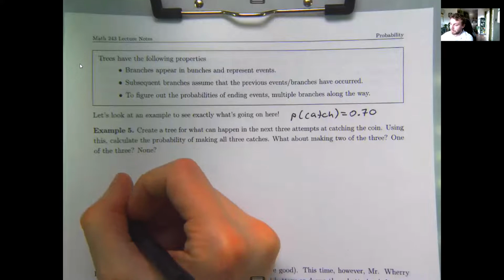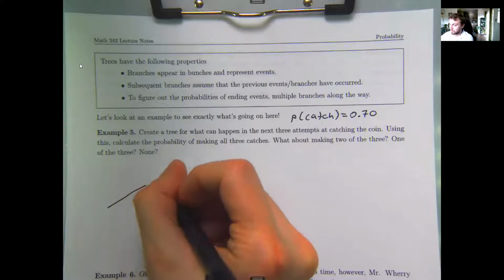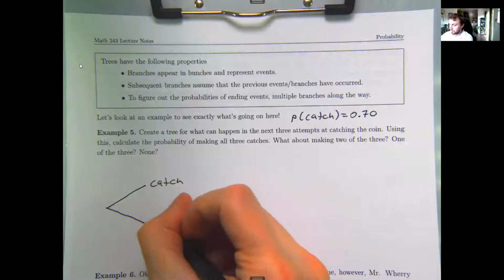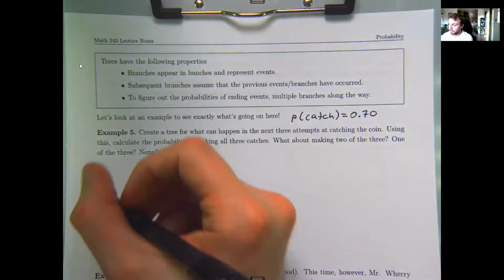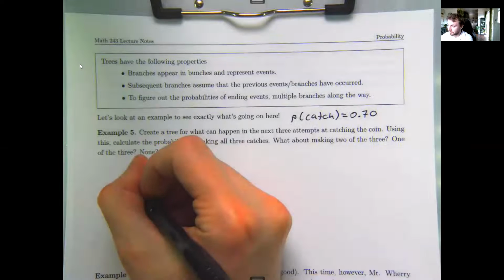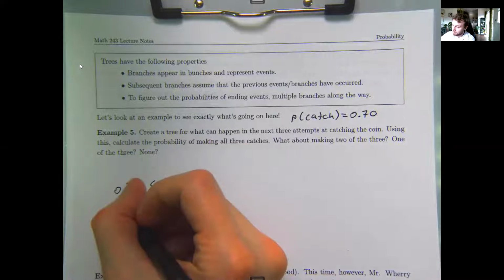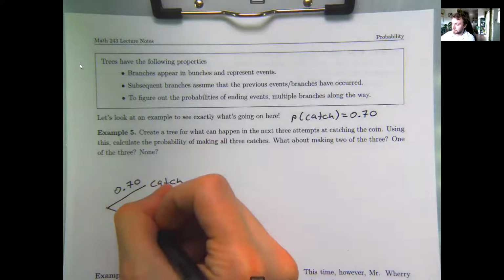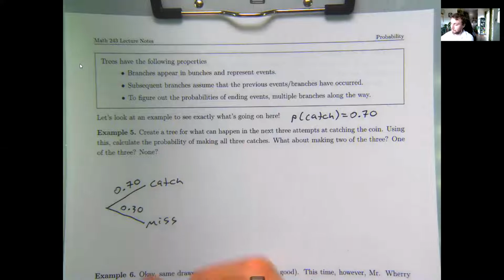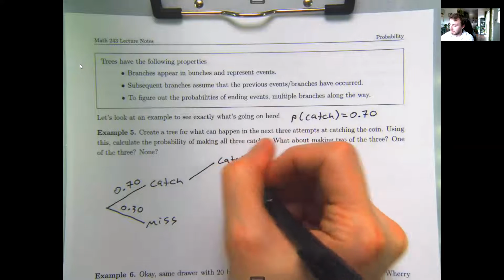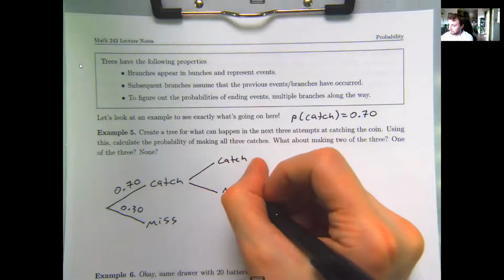So this first set of branches, I either catch it or I miss it. There is a 70% chance that I catch it, which means that my probability of missing is 30%. My second try is either catch or a miss.